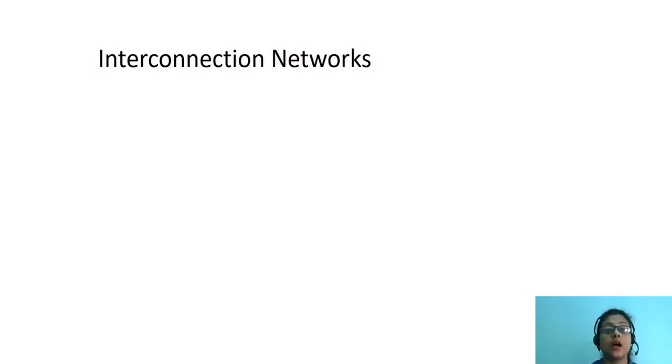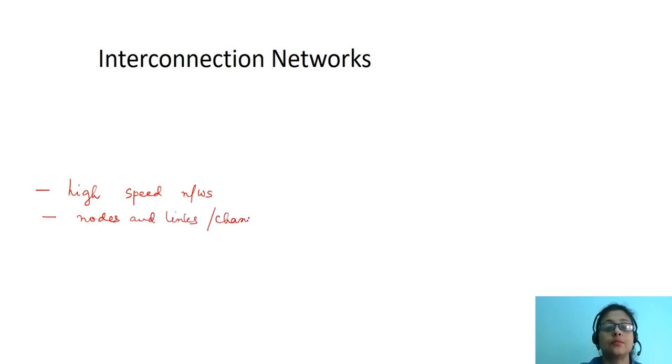Interconnection networks are basically computer networks having nodes, links or channels which have very high speed. So these are high-speed networks. They have the nodes and links or channels.